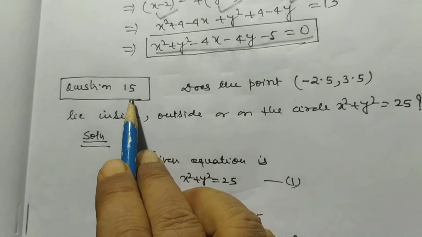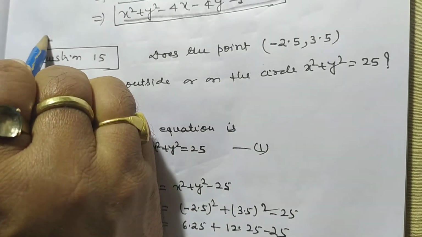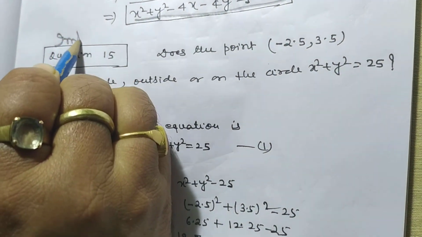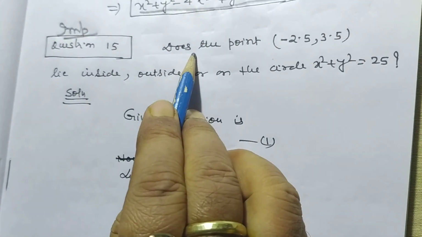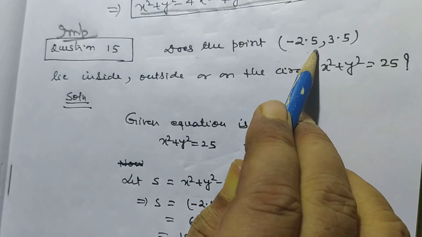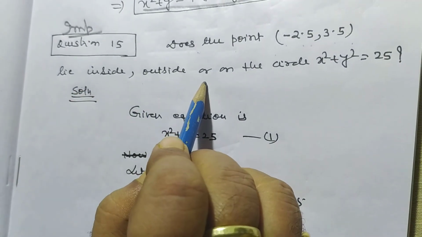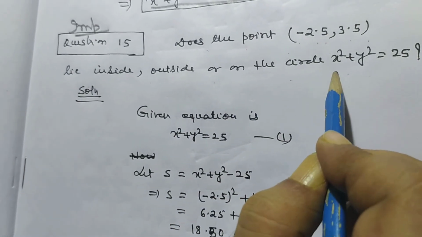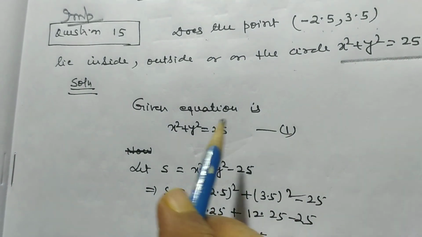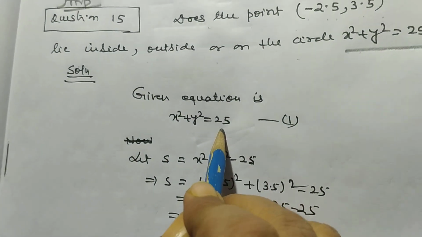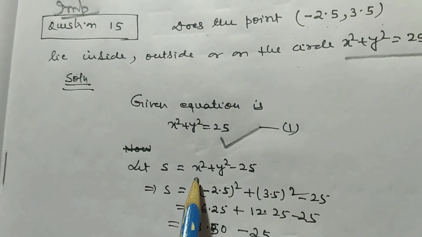My dear student, this question number 15 is very, very important for multiple types of questions. Does the point (−2.5, 3.5) lie inside, outside, or on the circle x² + y² = 25? The given equation of the circle is x² + y² = 25.